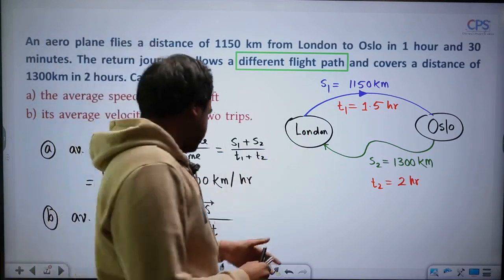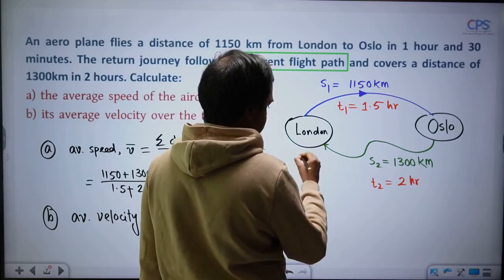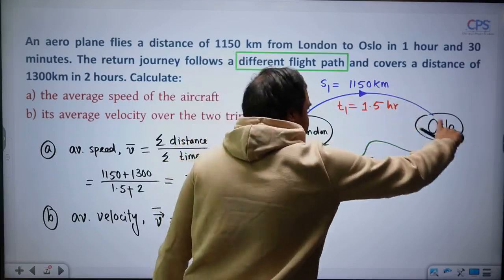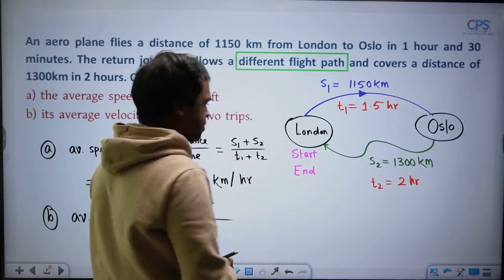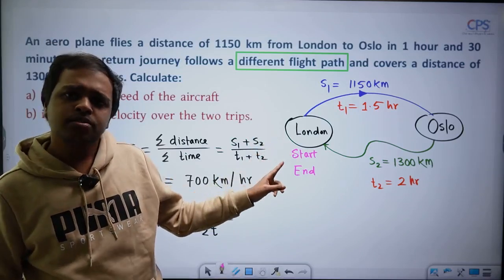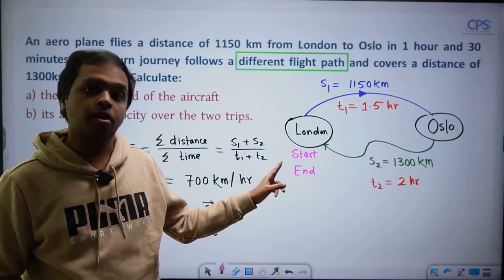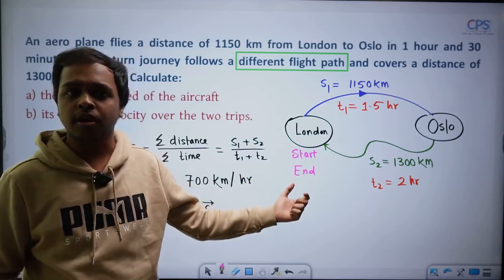The S vector right now, how much is it? See, London is the starting position for this flight, and London itself is the end position. So where the flight started is where the flight ended, overall. That's why it has no displacement at all.